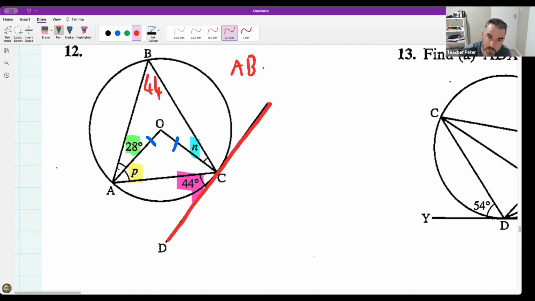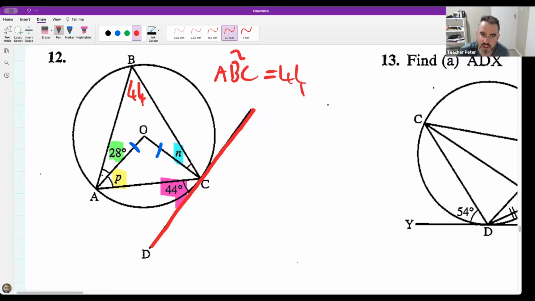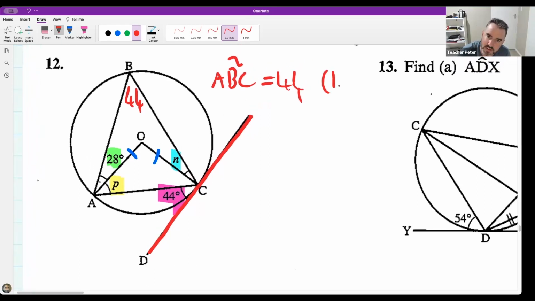Now, somebody else might have done it differently, and that's fine. But I just want to put that there so that I know I have it. And I'm going to say that is the tan chord theorem. And so if I know this is 44, I then feel like I can work out what this is.